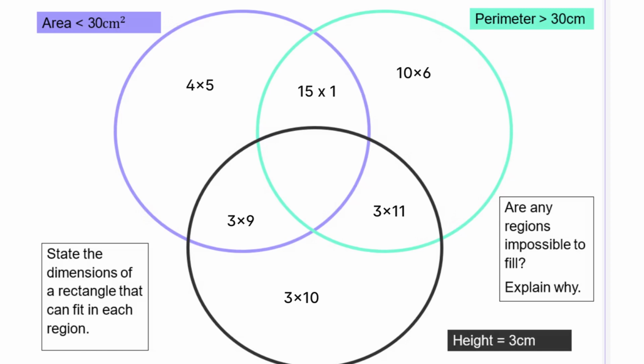The perimeter is less than 30, so I can put that one in the purple circle as well. There are lots and lots of ideas, and once you've got one idea into a circle, it can help those learners who perhaps didn't want to go first or weren't quite so sure, particularly if you are encouraging the group to talk about why they are placing certain dimensions of rectangles in certain regions.